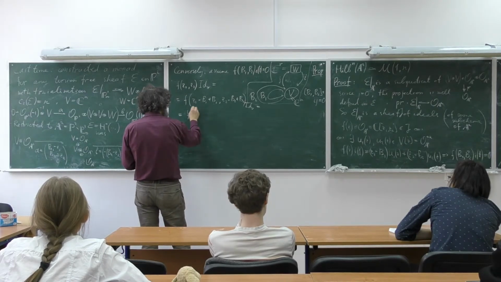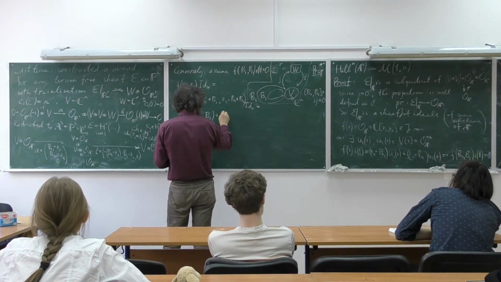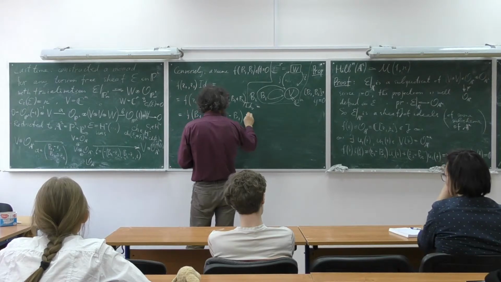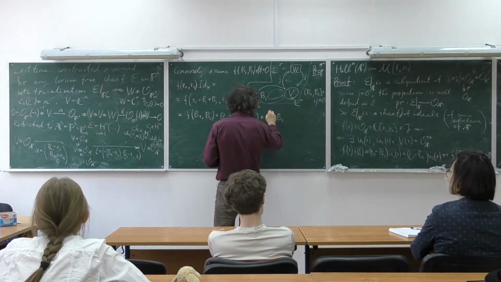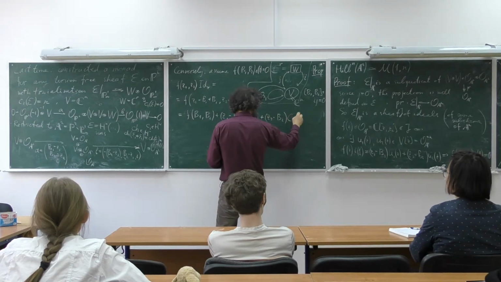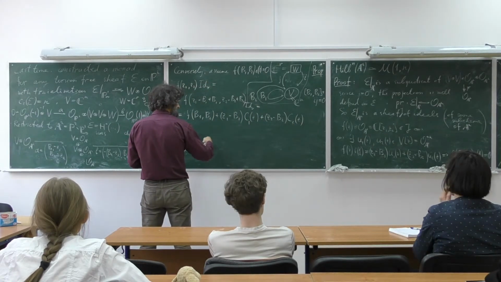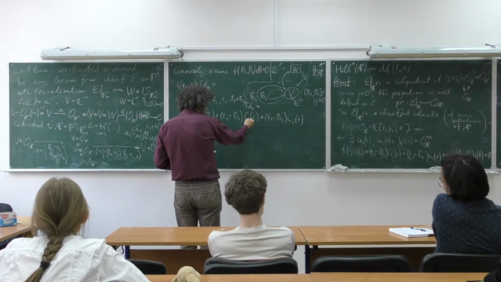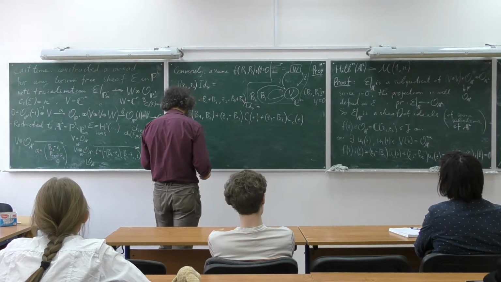So we get f of b1, b2 plus something vanishing to the first order at b1, b2, for some matrix valued functions C1, C2.